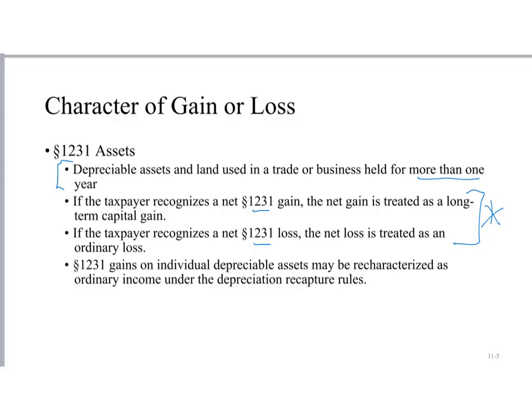So that's fantastic. There is a caveat, and that's this one right here. The caveat is potentially your 1231 gains this year could be recaptured or recharacterized as ordinary income depending on the depreciation recapture rules, and we have this thing called the 1231 look back rule.